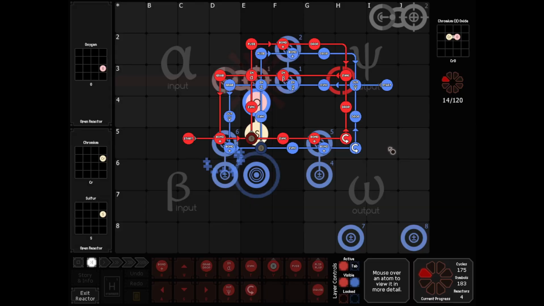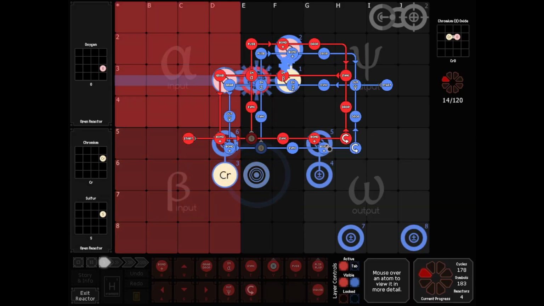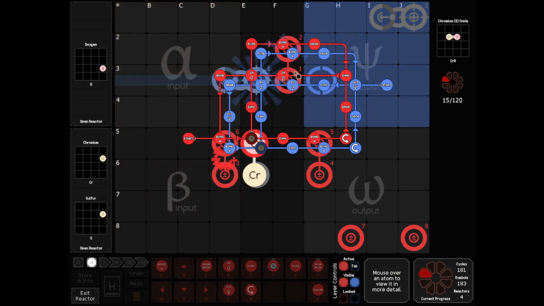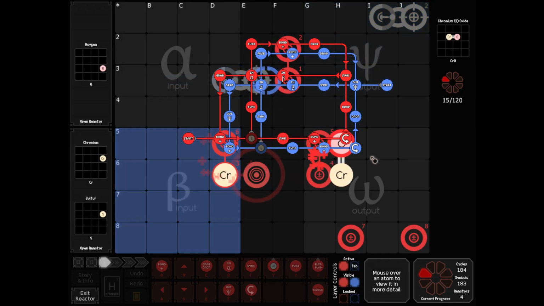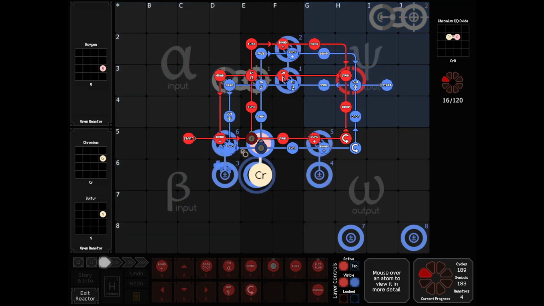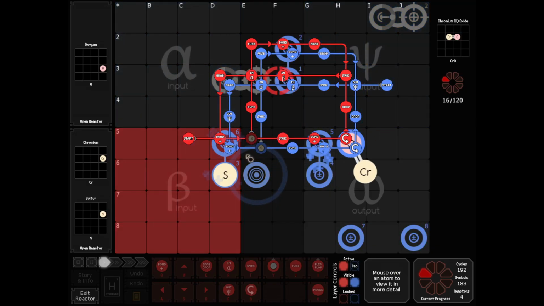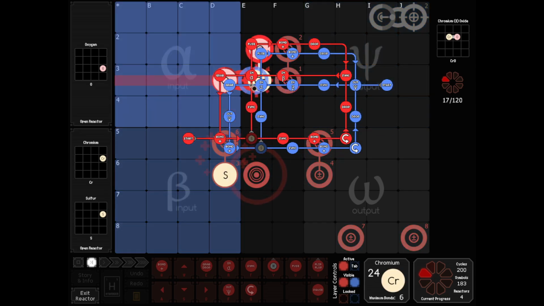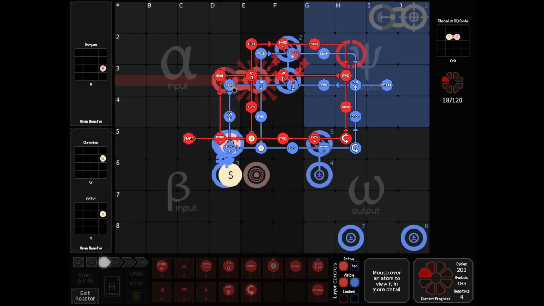Yeah, and then the last reactor. Attaches oxygen to whatever is down there. If it's chromium, that just moves straight to the output zone. And if it is not chromium, it is sulfur, which moves up there and gets another oxygen fused into it. Also interesting that it fuses and then on the same cycle inputs again and then grabs that.